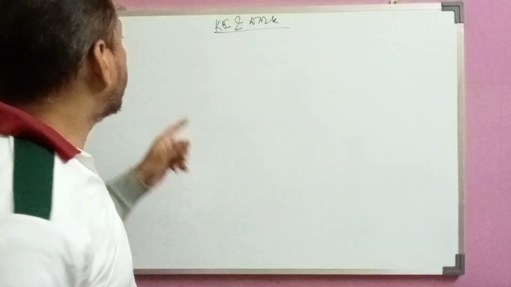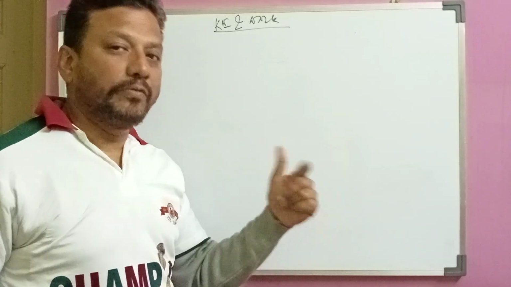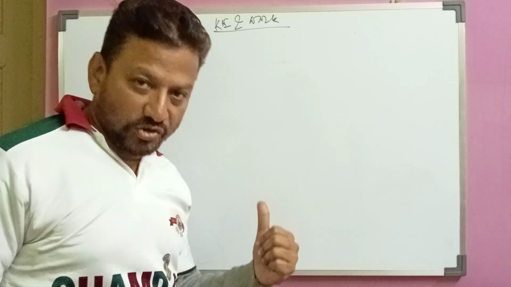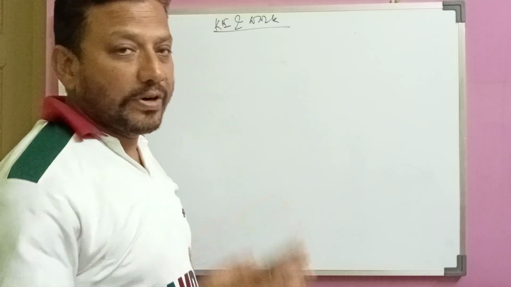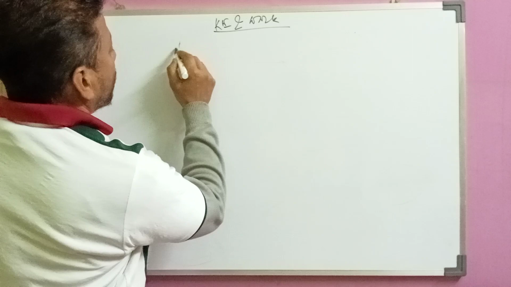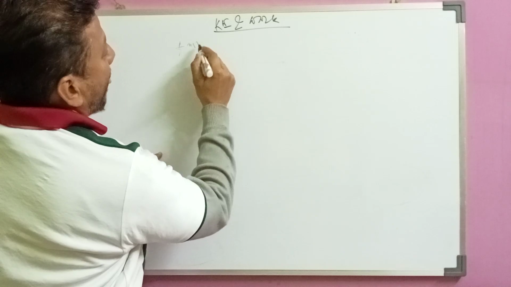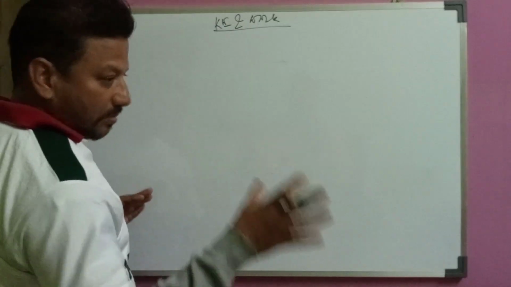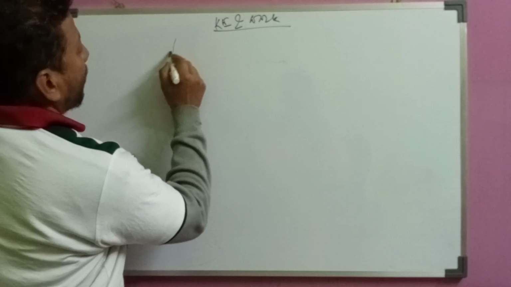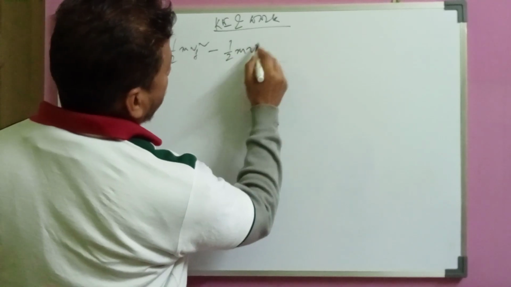As we have learned, the difference between two kinetic energies: one was v naught, where it started, the initial velocity, another was vf, the final velocity. So their kinetic energy difference, as we learned previously, is half m vf square minus half m v naught square.